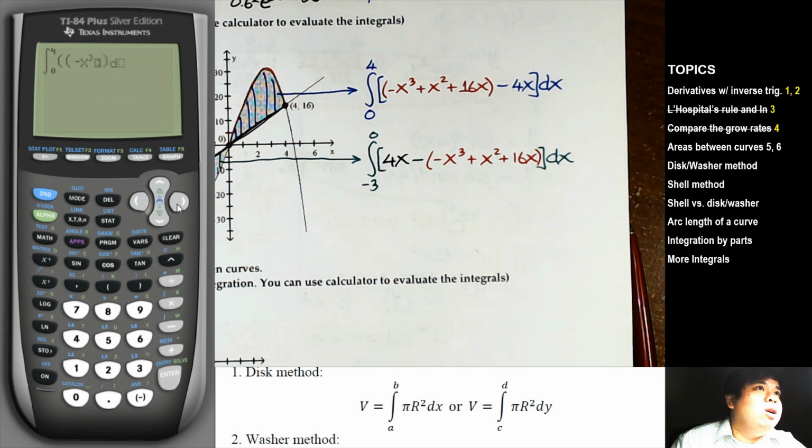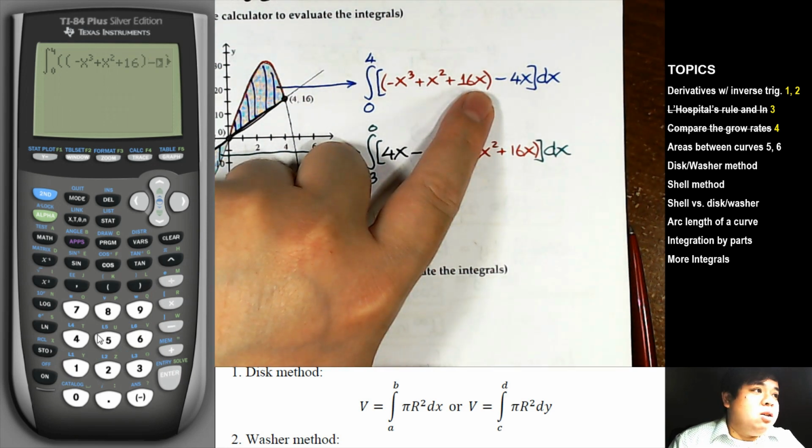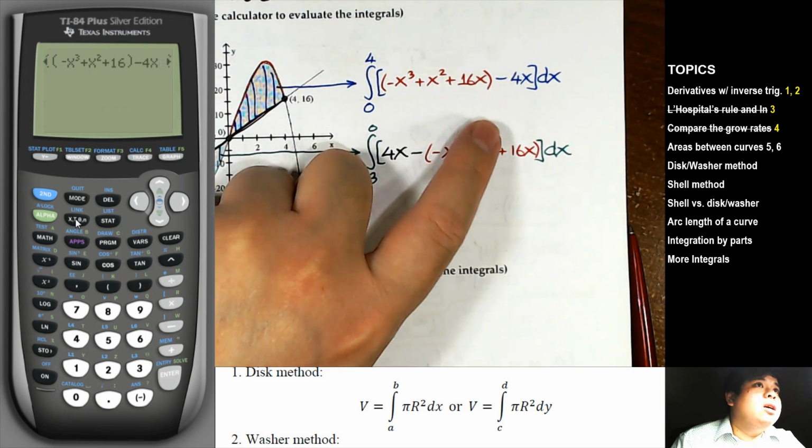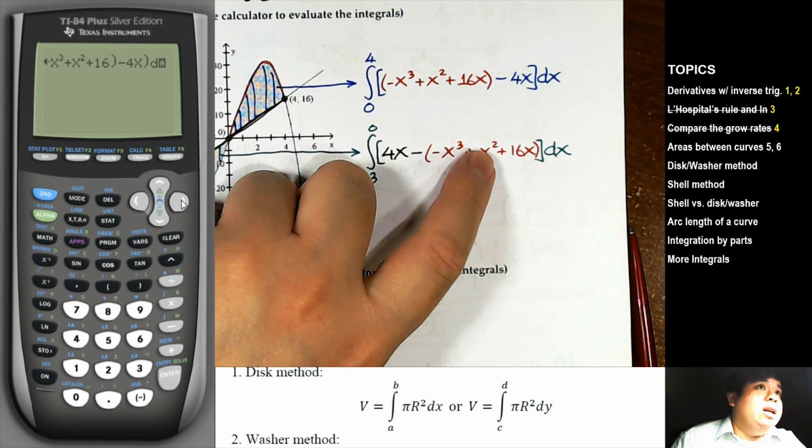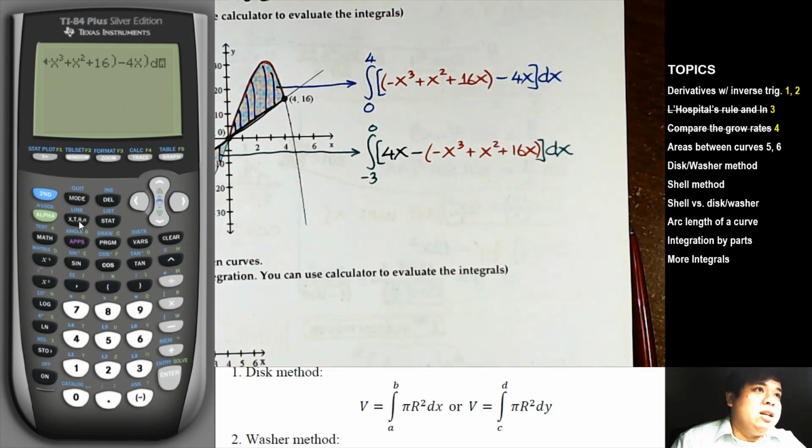Negative x cubed plus x squared plus 16, close parentheses, so that's the first part, minus 4x, and let's close parentheses, and then we have an x, and that gives us, we can convert to fraction.